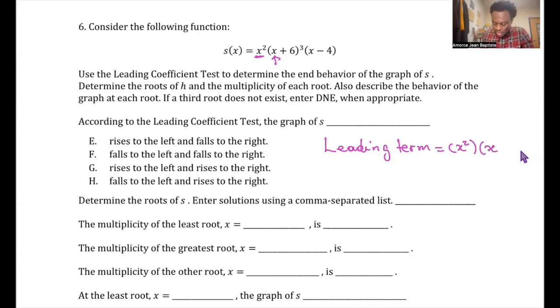So that's x here with the multiplicity 3 times x with the multiplicity 1. So when you multiply all of these, that will give you x to the power 6.